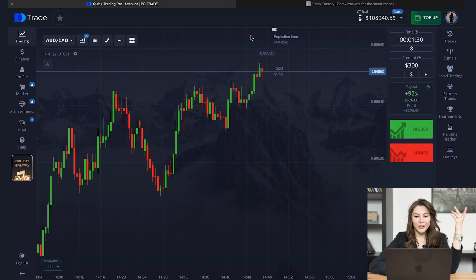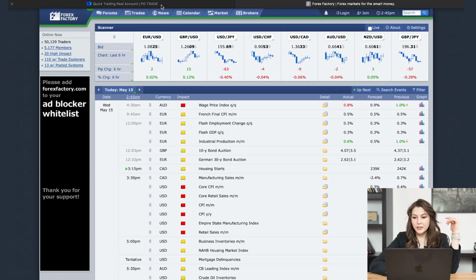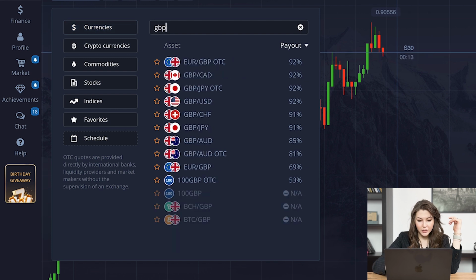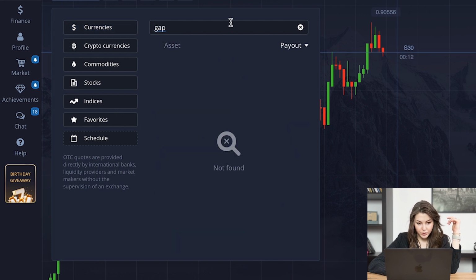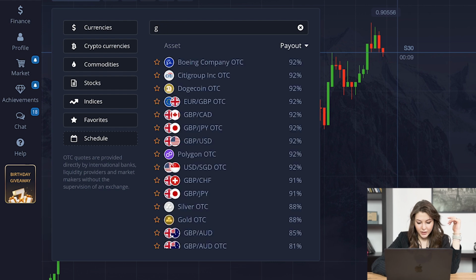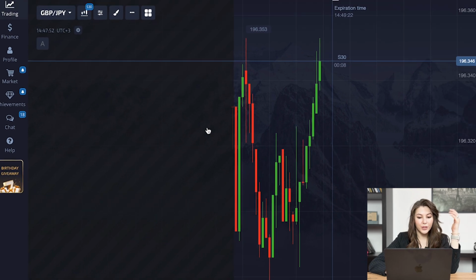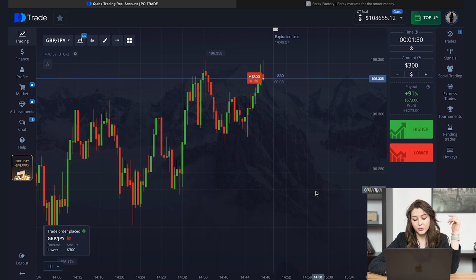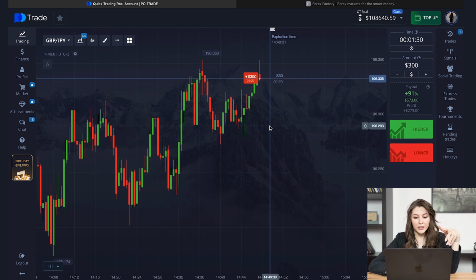Okay guys, so let's continue. We're gonna use the martingale strategy. Okay, let's use the British pound and Japanese yen. That's probably gonna be interesting. So we have the lowering position, for sure here, and as we can see, the price is going lower.